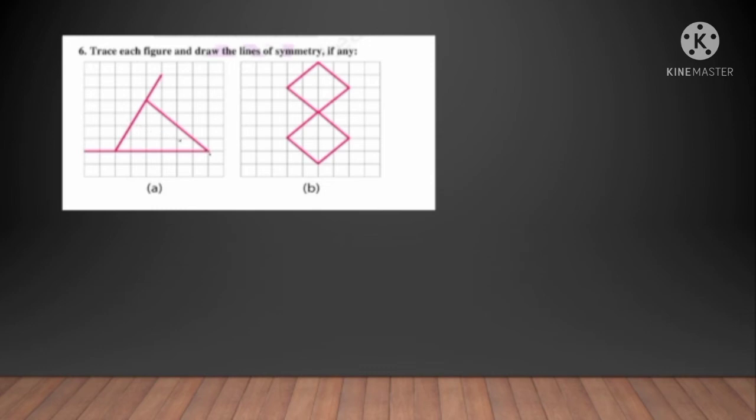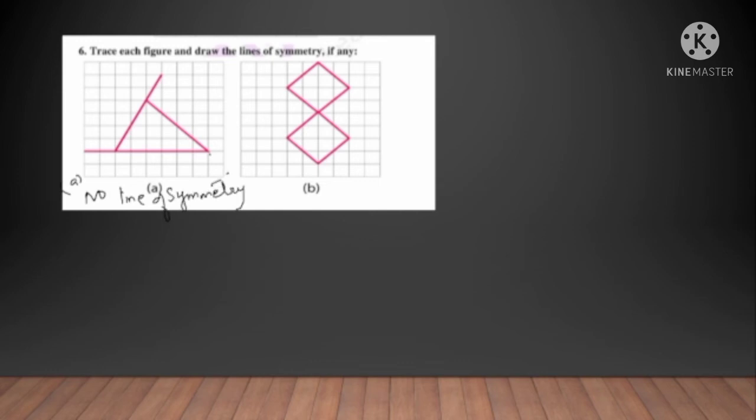If I just draw a line here, definitely if I fold this it won't overlap. If I draw it here, I won't get any overlaps. So there is no line of symmetry for subdivision A. First one answer is no line of symmetry.